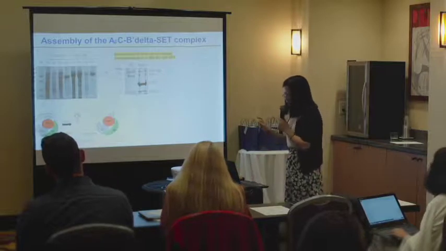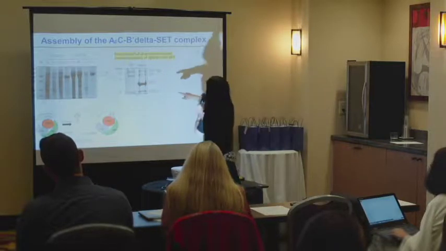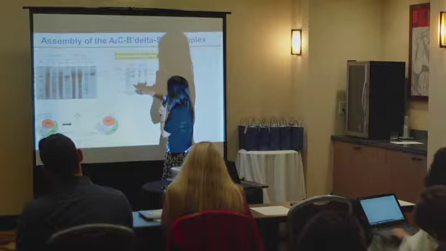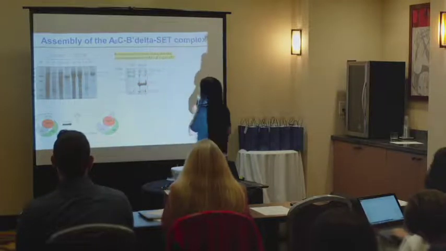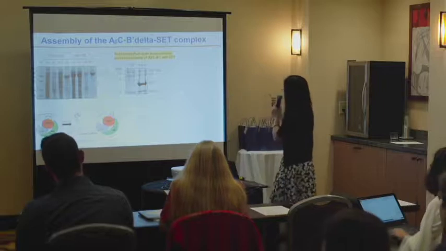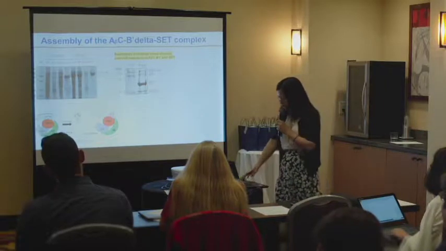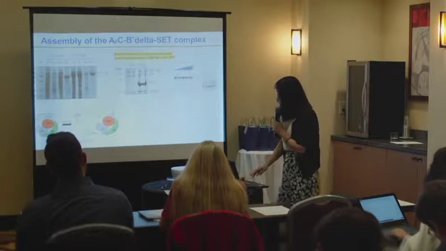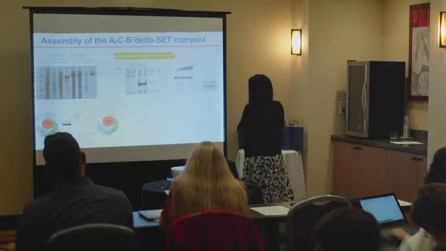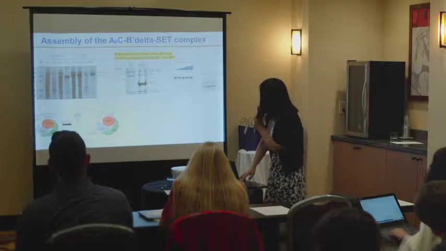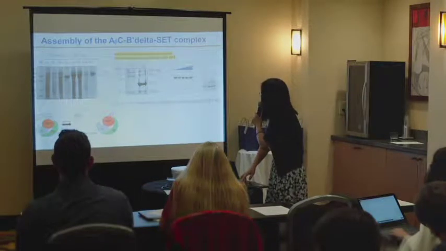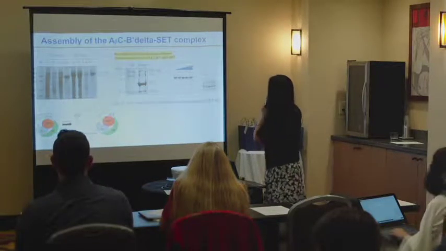For SET, by pull-down assay, it seems you do see interaction with the B prime delta holoenzyme, and in the holoenzyme with the A beta version. But one thing we need to do is to make the A beta form in insect cells and test binding without our GST tag.